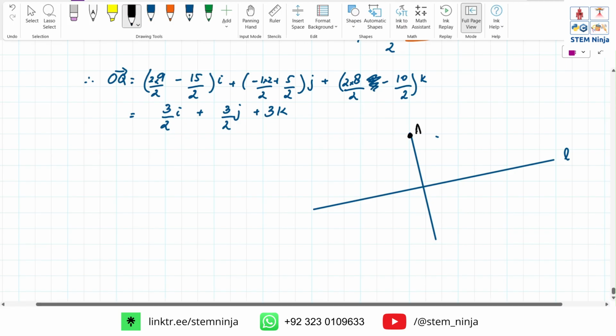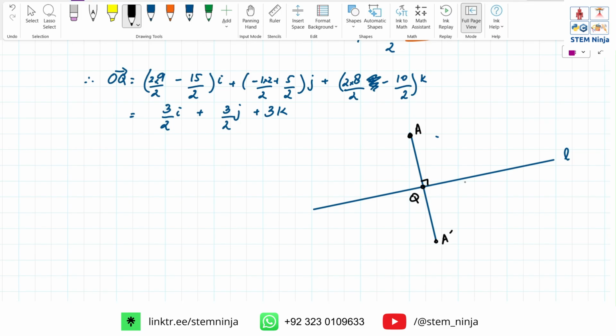So if this is point A, this is point image, and this is our foot perpendicular. We designate it as Q.